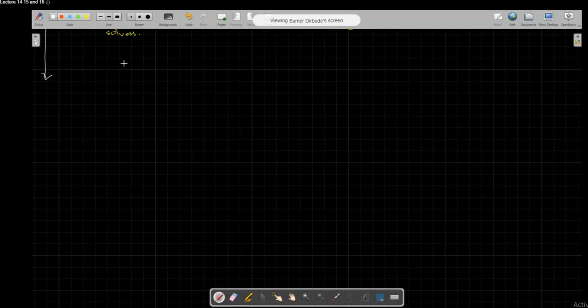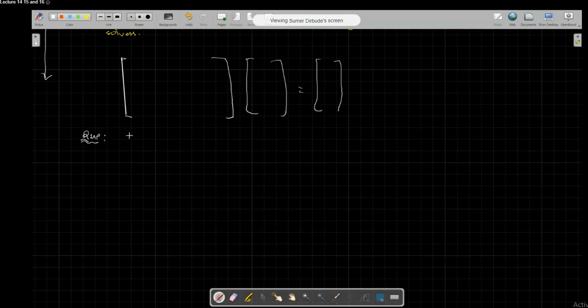Now, when we have this system of equations, we have this A and X and B. Now, when you have this system, the question is, will the solution procedure converge.